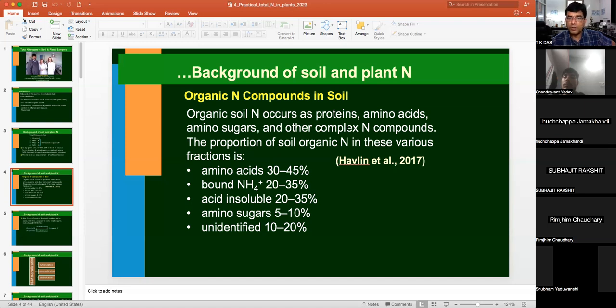You can see most of the nitrogen will be in amino acids: 30 to 45% is in amino acids, bound ammonical form is 20 to 35%, acid insoluble is 20 to 35%, amino sugars 5 to 10%, and unidentified is 10 to 20%. So these are the nitrogenous compounds in soil.